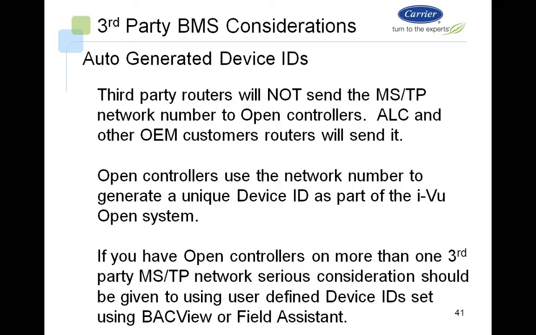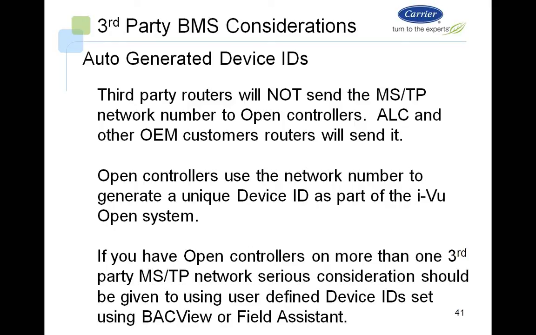So if you have two or more controllers under third-party MSTP routers, then you will need to consider doing manual configuration of the device instance using BACview or Field Assistant, because you may have controllers with the same MAC address under two or more third-party routers, and they will then both have 16101 as their default MSTP network number, and if their rotary switch MAC address is the same, then they will have duplicate device instances.